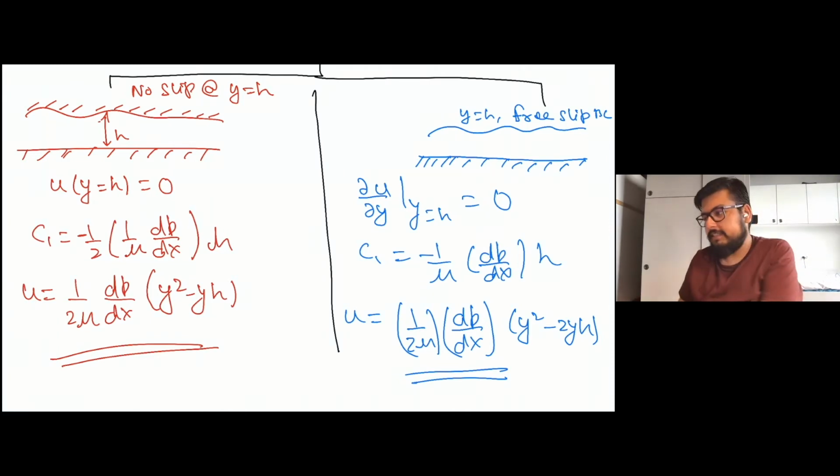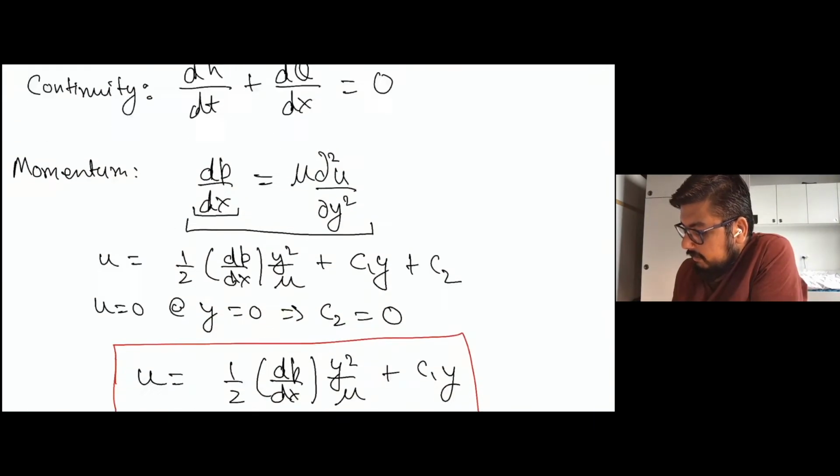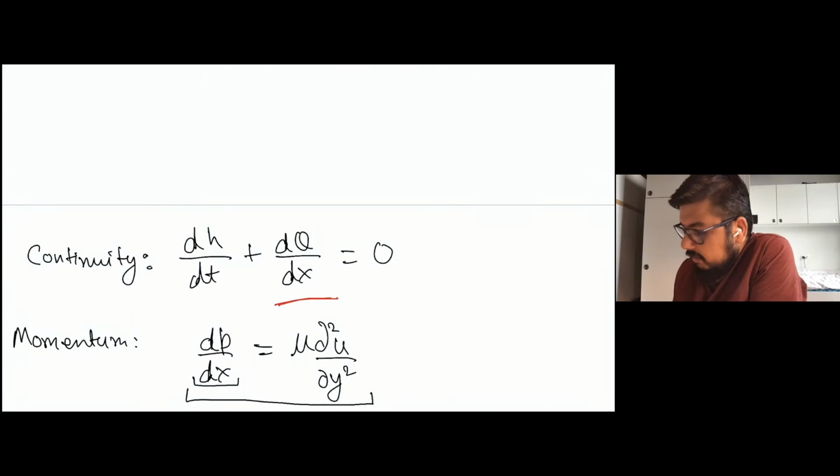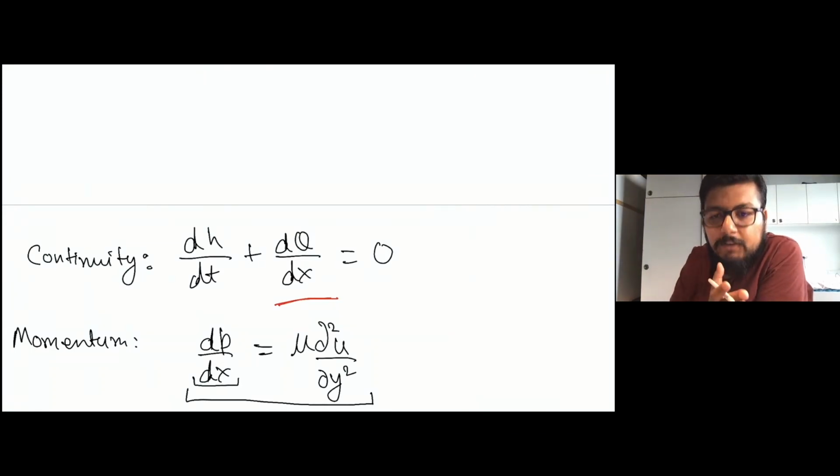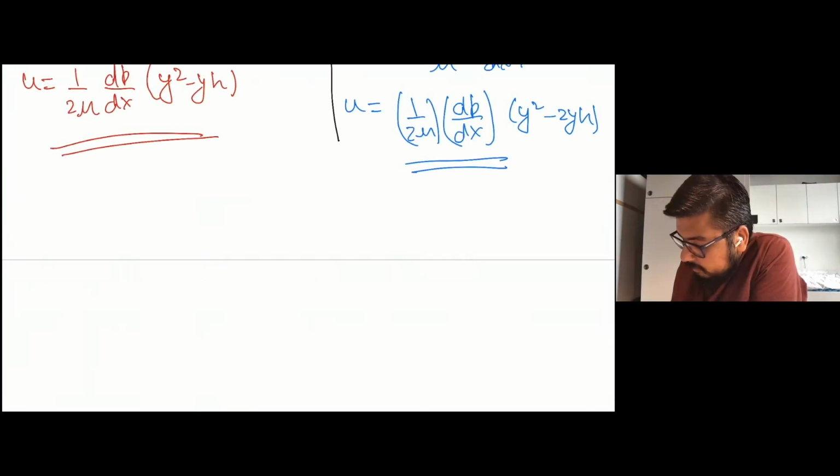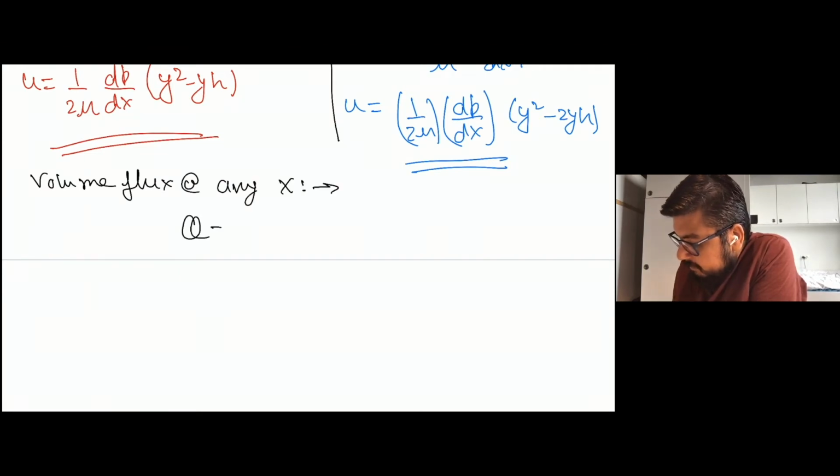Now, if you remember, in the continuity equation we had dQ over dx. So we need to find Q, which is nothing but the volume flux at any given x. So let's calculate the volume flux at any x, which is nothing but the integration of u dy from 0 to h.